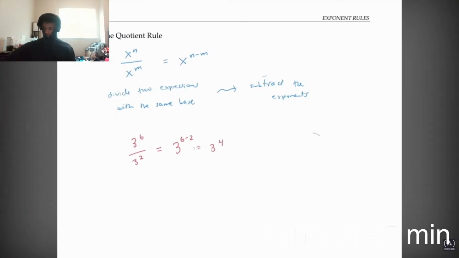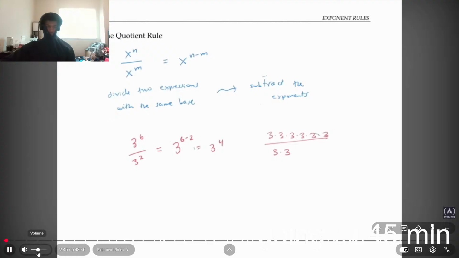And this makes sense because 3 to the 6th means I multiply 3 by itself 6 times, and then I divide that by 3 multiplied by itself twice. So when I cancel out 3's, I have 4 3's left.